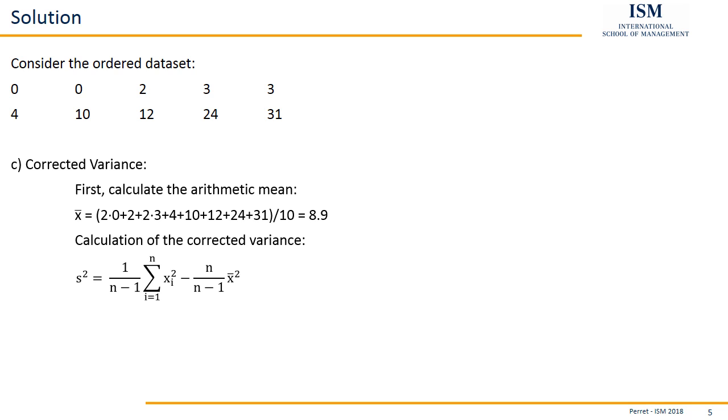And the second part is n divided by n minus 1. So here we have 10 observations, so it's 10 divided by 9 times the arithmetic mean to the power of 2.